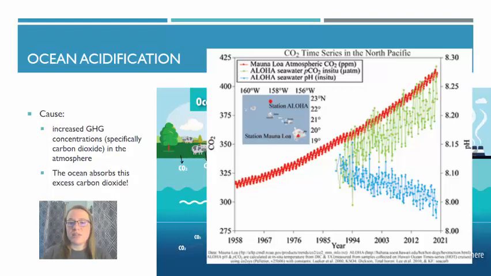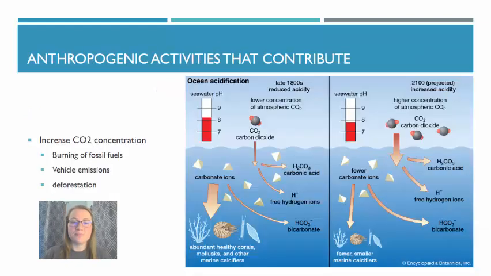We're also measuring on here the pH of the ocean water and the concentration of carbon dioxide of the ocean water. So we can see that the concentration of carbon dioxide in the ocean is increasing pretty steadily along with that increase in the atmosphere. And we can see, since it was measured beginning in the early 90s, that ocean pH has been steadily decreasing.